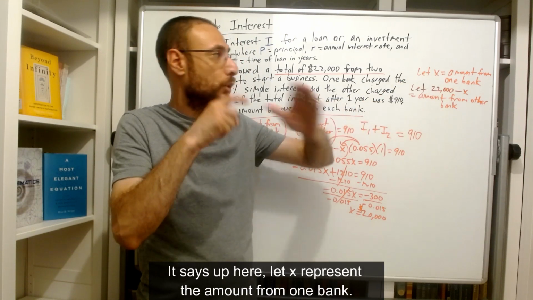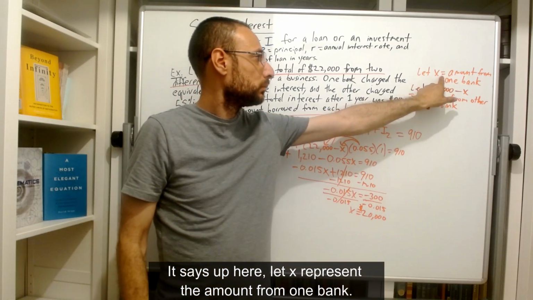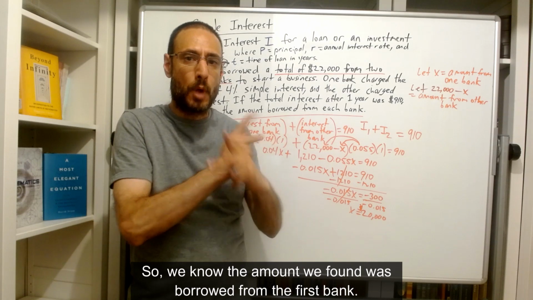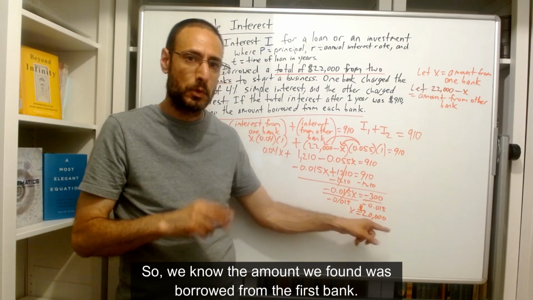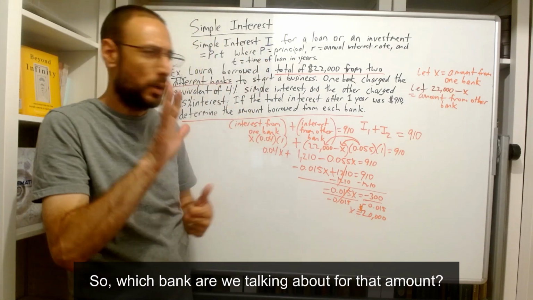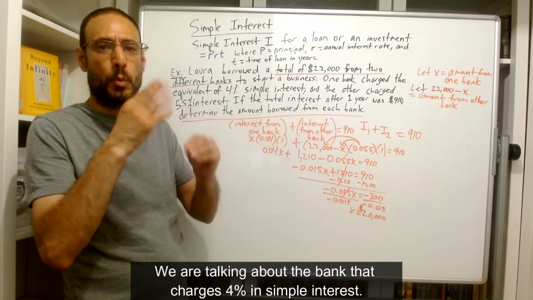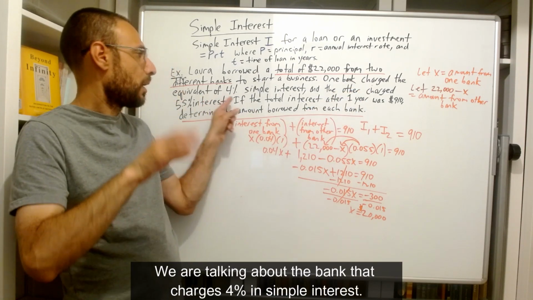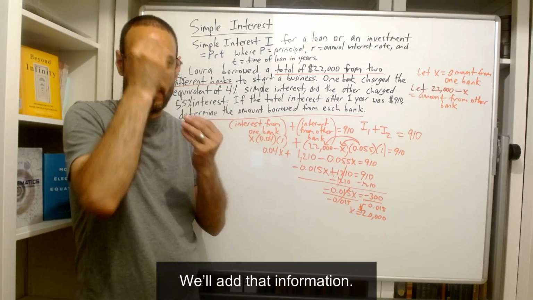It says up here, let X represent the amount from one bank. So, we know the amount we found was borrowed from the first bank. So, which bank are we talking about for that amount? We are talking about the bank that charges 4% in simple interest. We'll add that information.